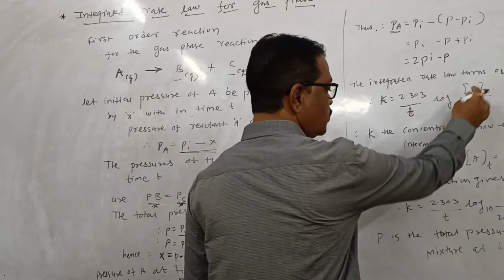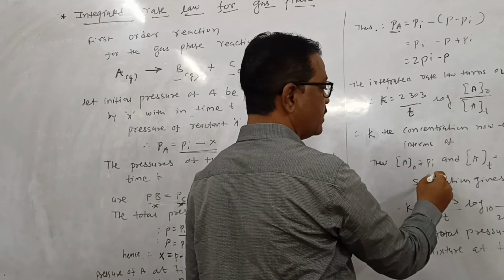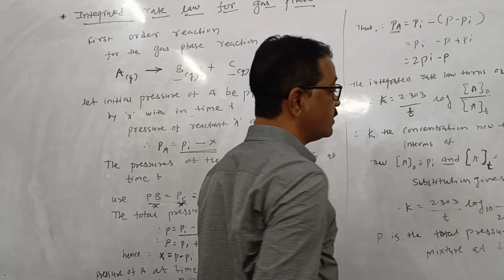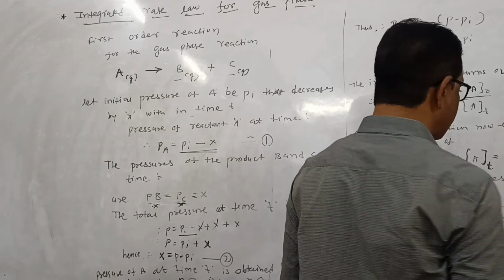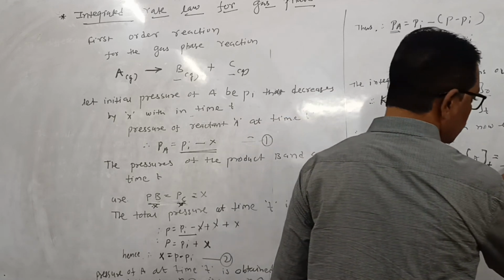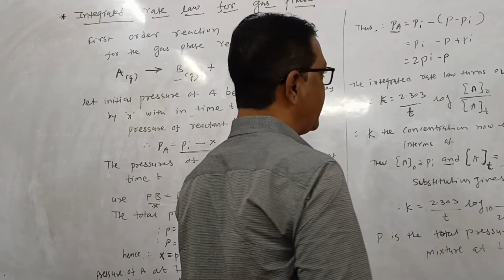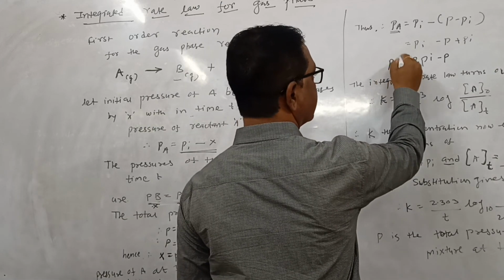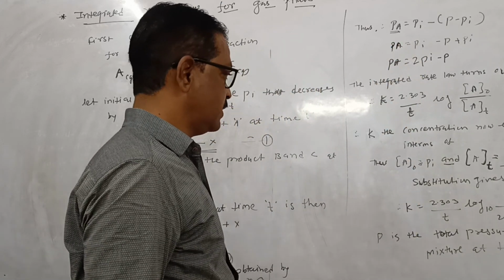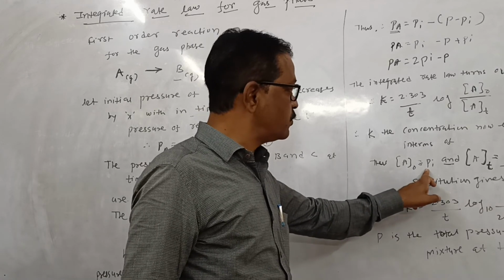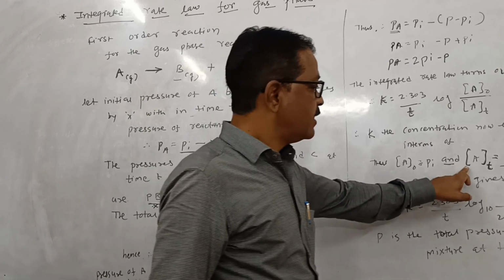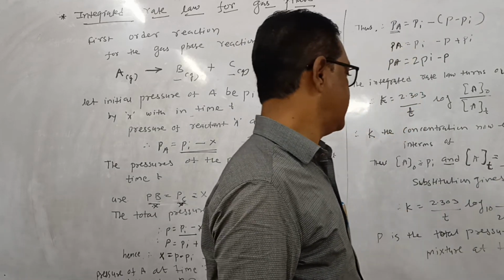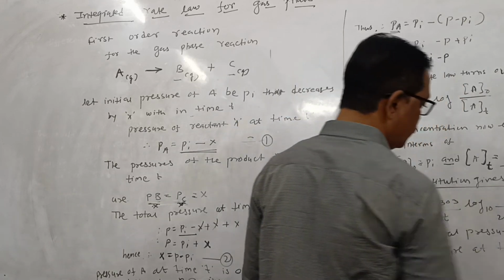Thus A0 is equal to Pi and concentration A at time t is equal to PA equal to 2Pi minus P.